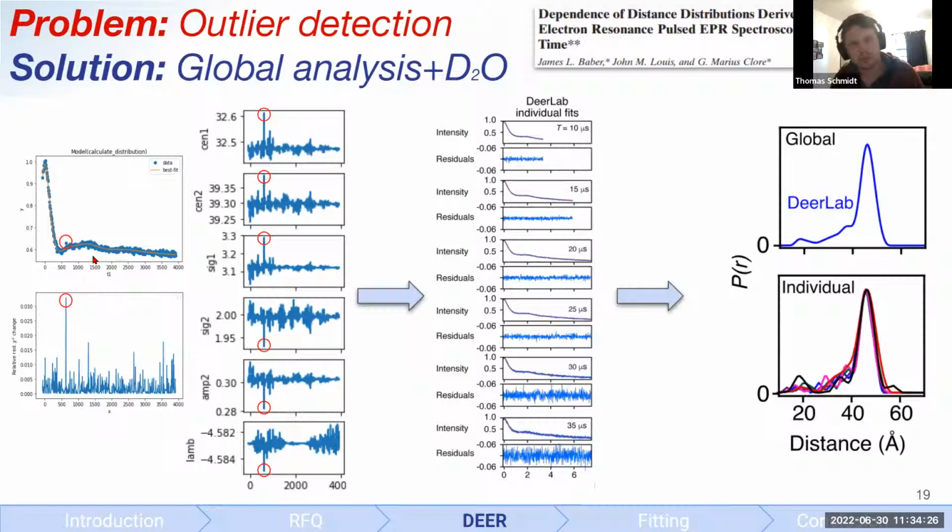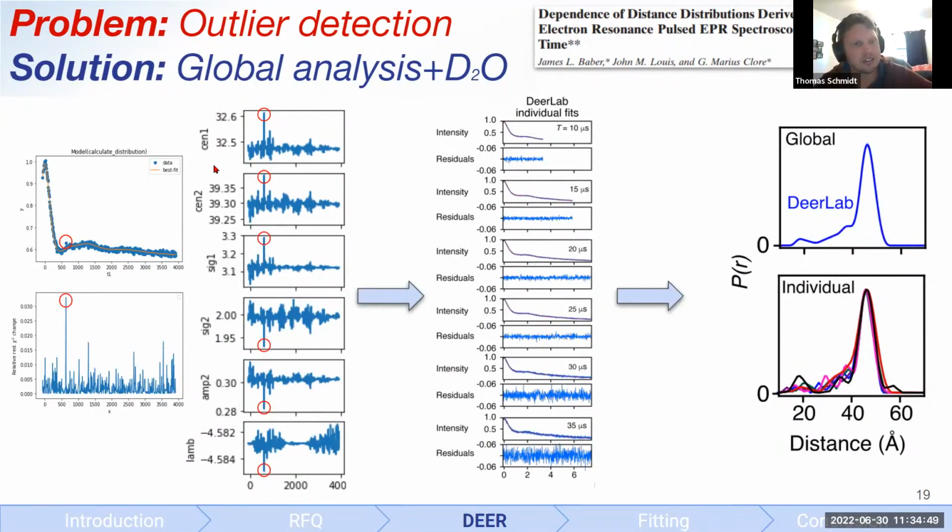You just follow principles of spectroscopy. You are looking for outliers in your time trace. You will find outliers which significantly have an impact. In this case, it's fitted to a Gaussian, and the center of your Gaussian, the width of the Gaussian, the amplitude, lambda, everything is impacted by a couple of outliers all the time.